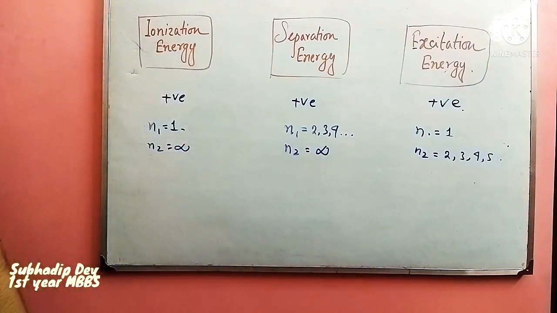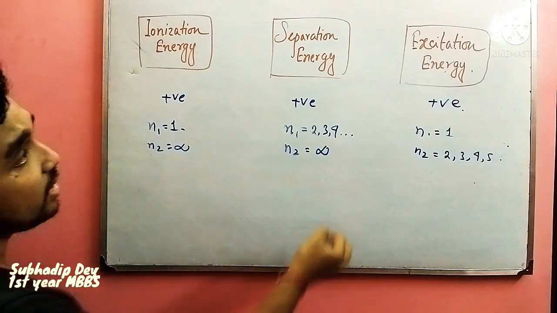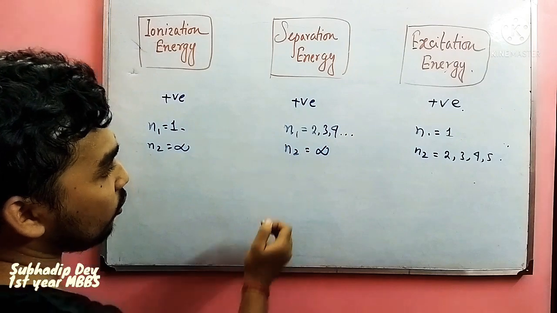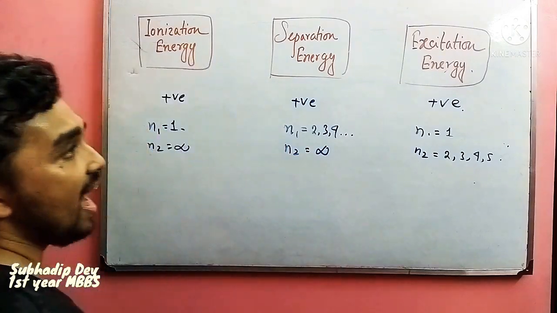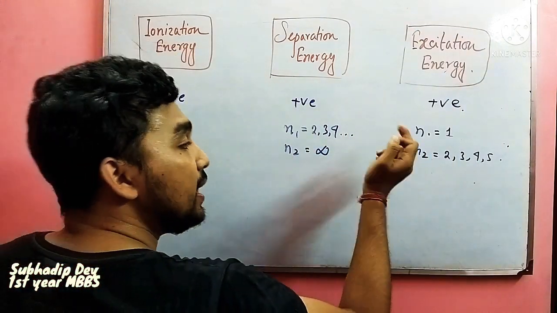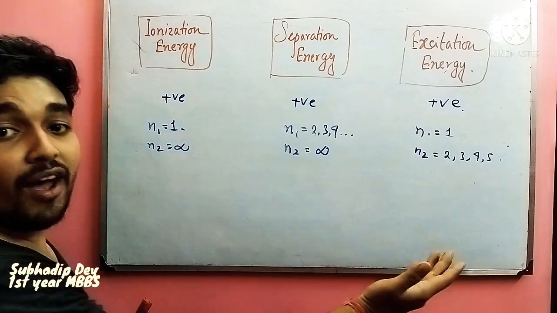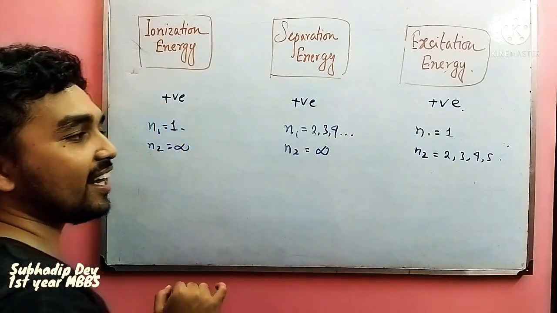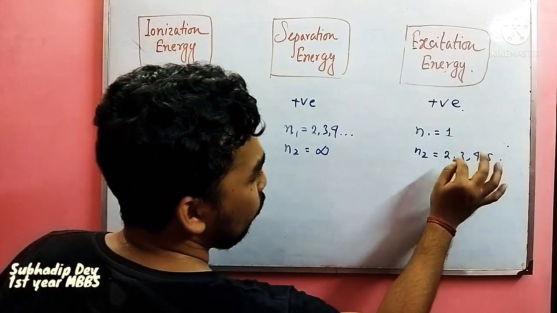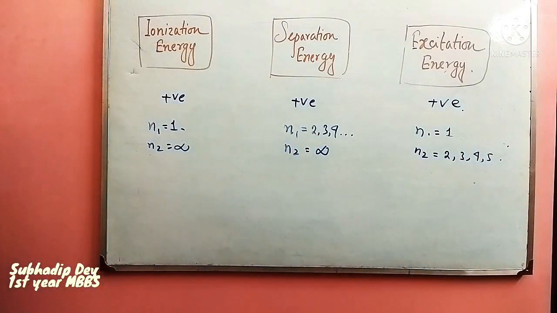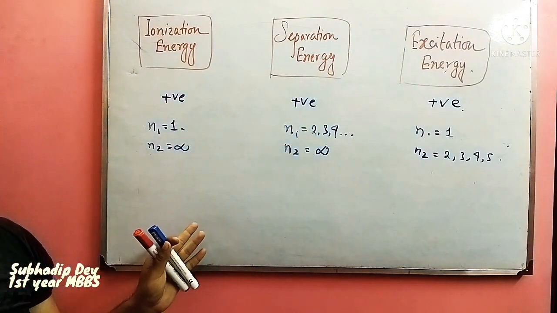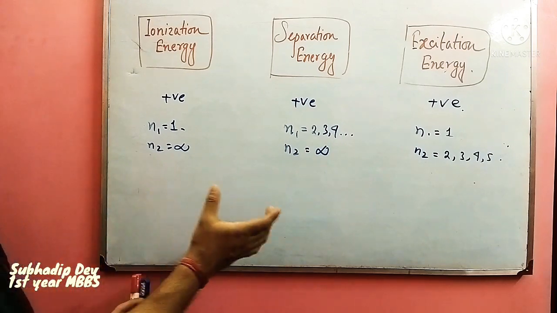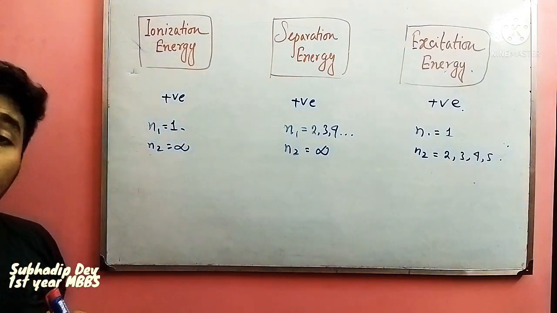So here are the three terms of energy: ionization energy, from the ground state to infinity; separation energy, to remove an electron from any one of the excited states, not the ground state, to infinity; and excitation energy, the minimum amount of energy to change an electron from its ground state to any one of the excited states. Please remember these three terms, and later on I will show you how these terms are involved in your question paper.